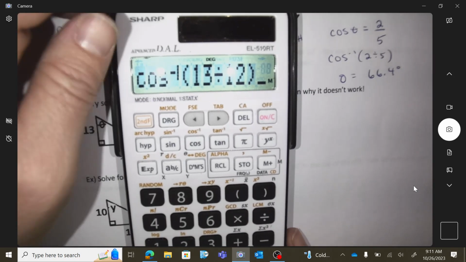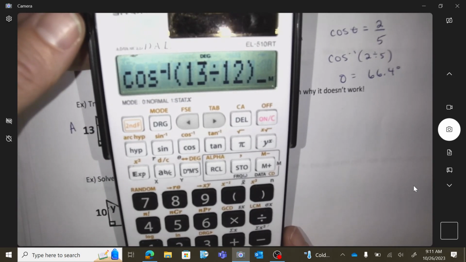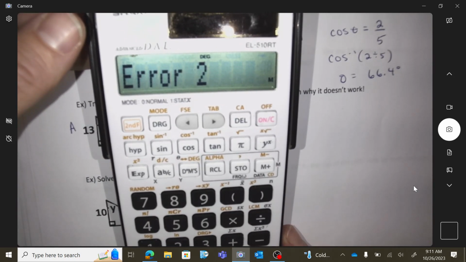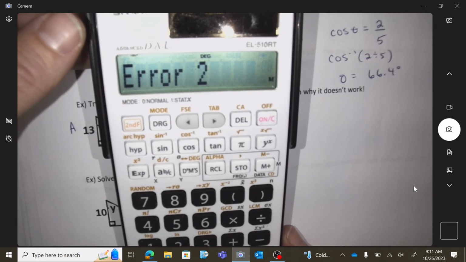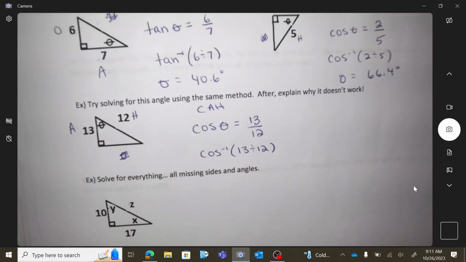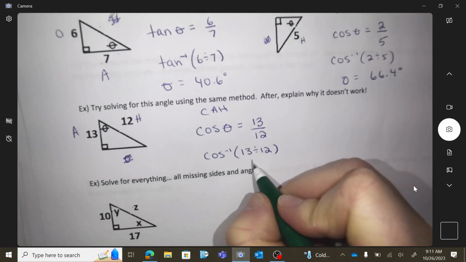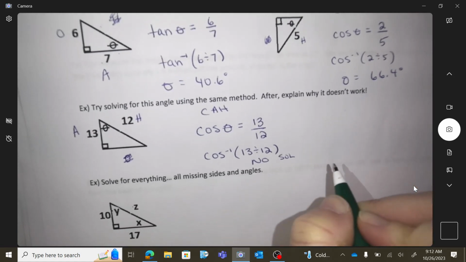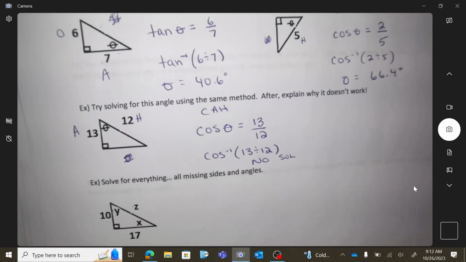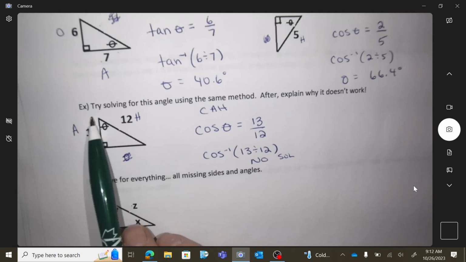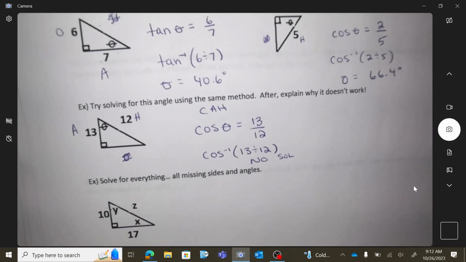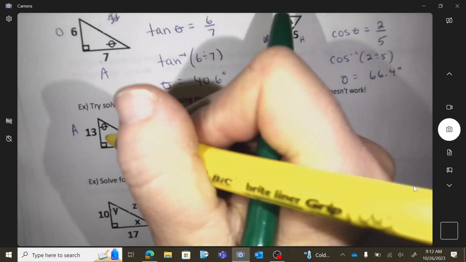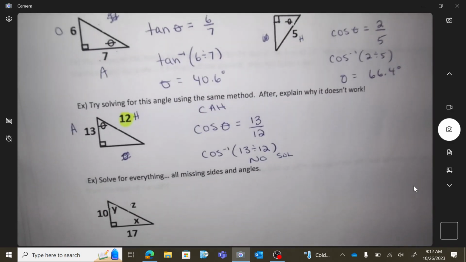Okay, are we panicking because it's doing something? Is that what your calculator's doing? Yeah, so why did this not work? So there was no solution for this angle. Why? Yeah, this is the problem. What do you always know about the hypotenuse? It's supposed to be the longest side, and it wasn't.